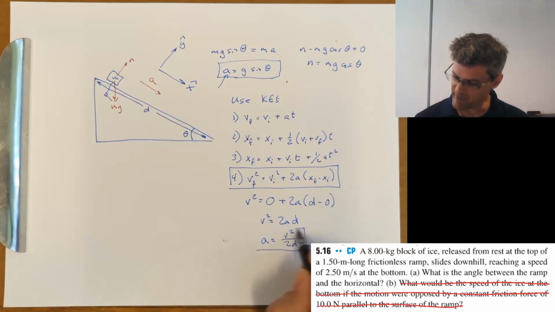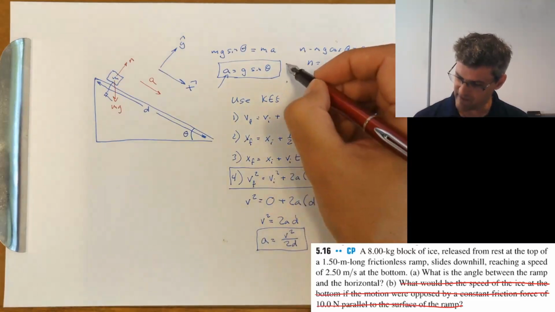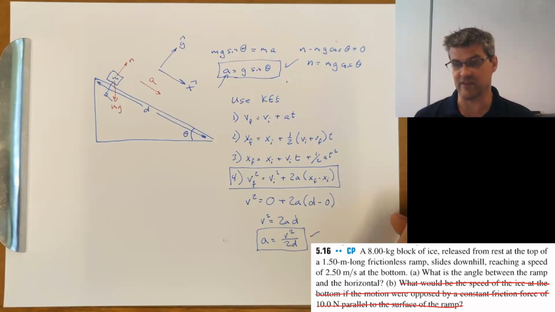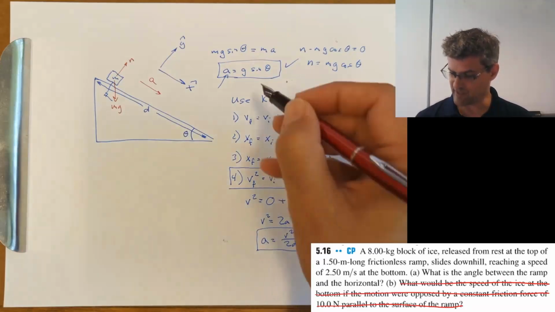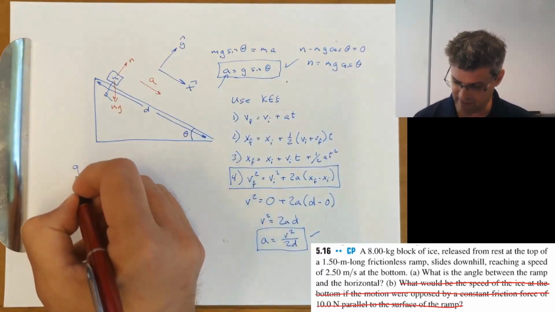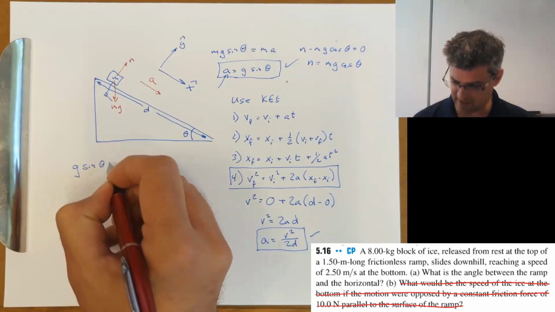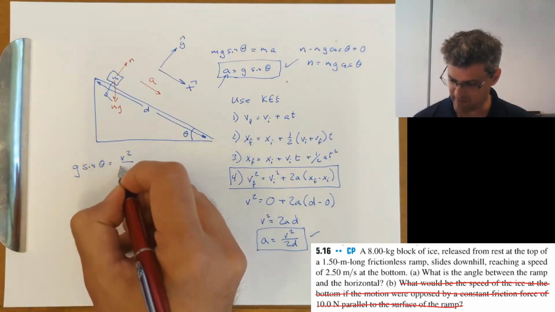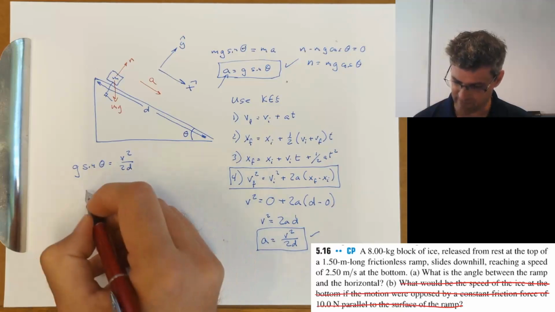So I have two expressions for acceleration, here and here. They're the same acceleration, so why don't I just set them equal to each other, saying that g sine theta is equal to v squared over 2d.